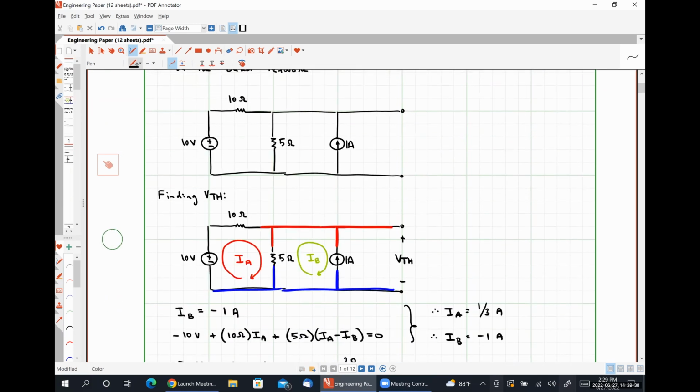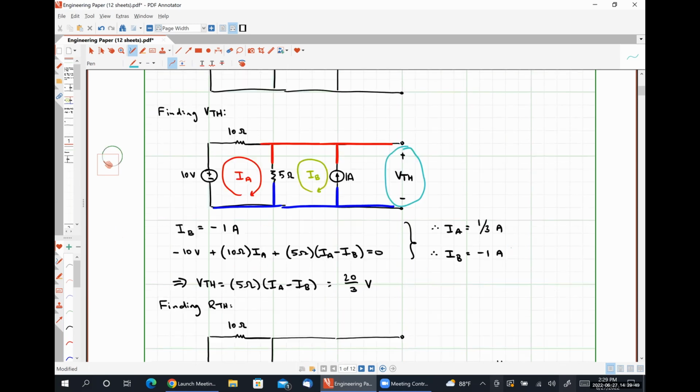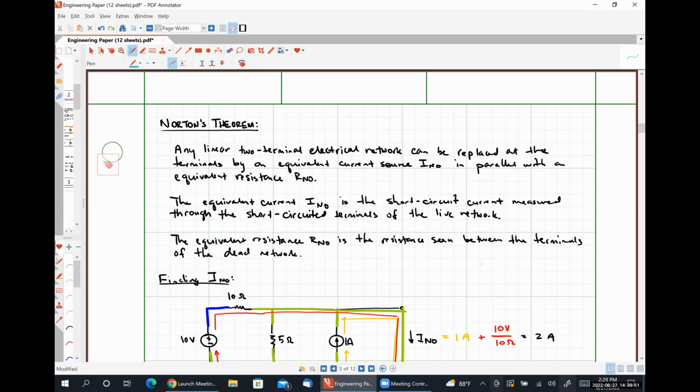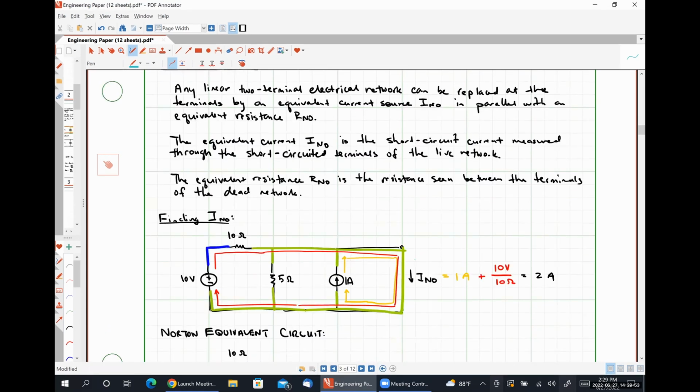I found VTH with the positive polarity on top. And because of that, I defined I Norton as flowing down. So apparently the Norton current would be flowing into the positive polarity terminal, okay? It's very important that I do that, or I might get a negative Thevenin resistance.